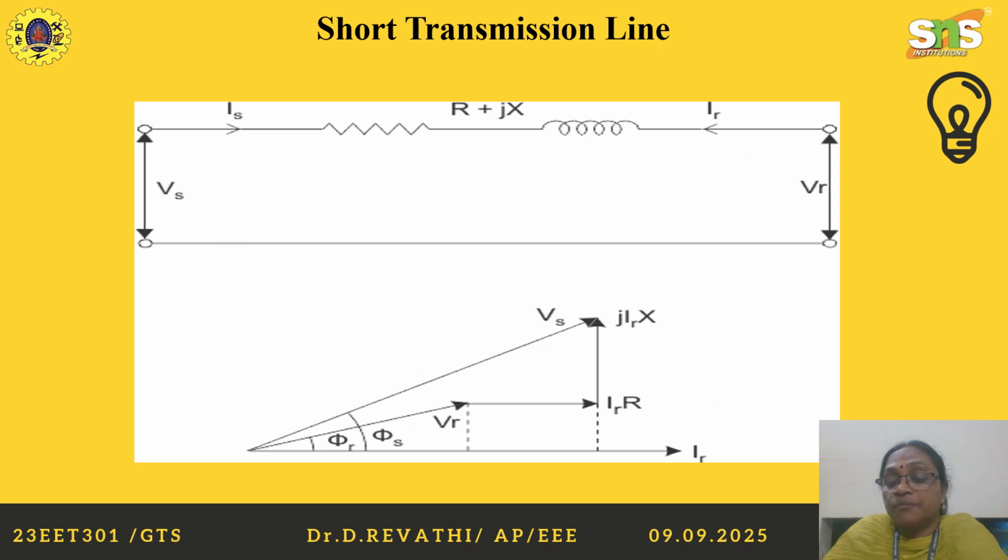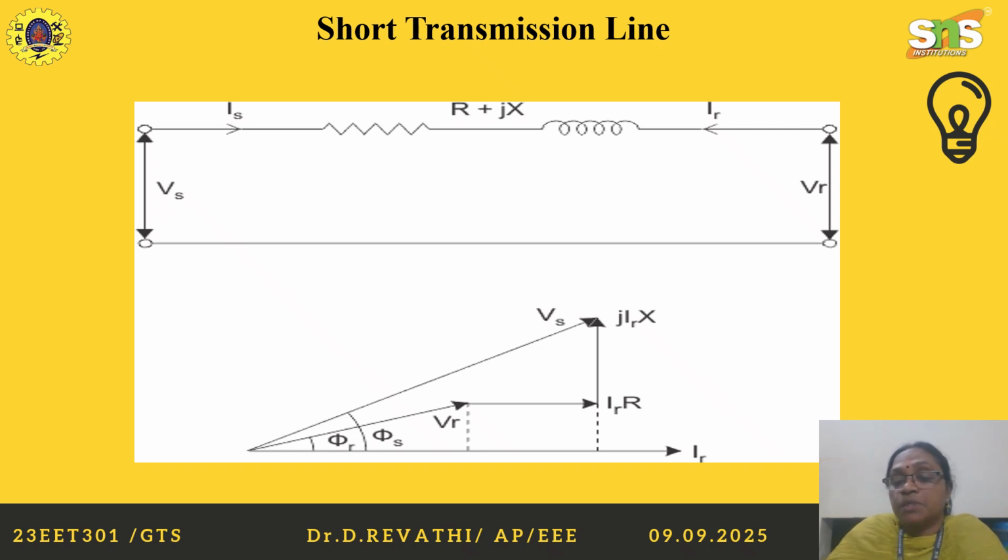Here we consider the receiving end current as the reference, the line IR. The voltage VR is leading by some angle, the angle between the current and the voltage, which we call the power factor angle phi R.